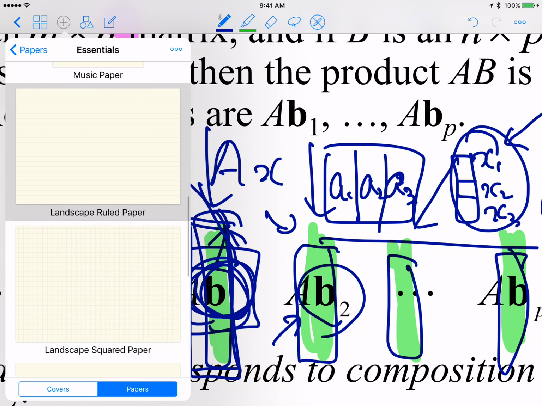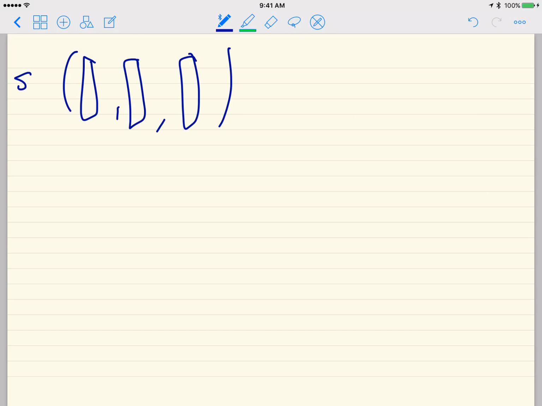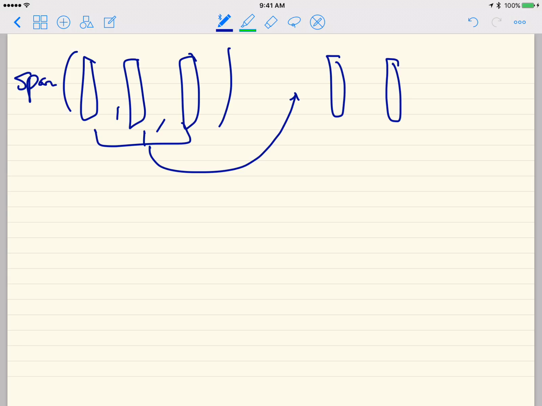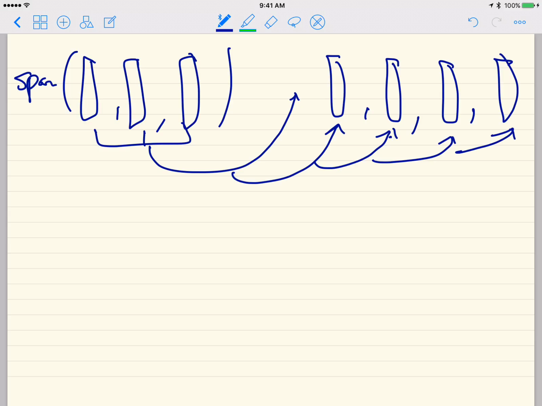So yeah, I'll give the answer. Suppose we have A1, A2, and A3, and consider the span of them. Then we consider linear combinations of these 3, generated using different combination weights.